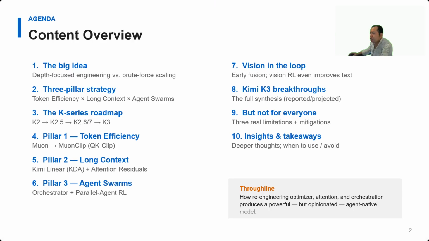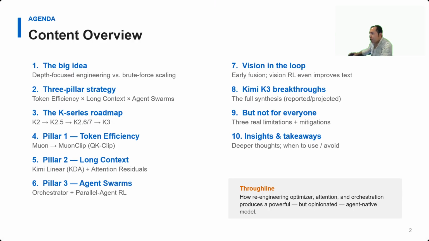Here is our roadmap for the next 12 minutes. We will start with the single big idea behind the Moonshot approach, and then walk through the pillars of their scaling strategy and how they map into the actual model roadmap from Kimi K2 to Kimi K3.